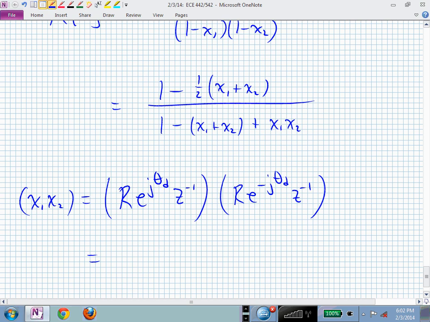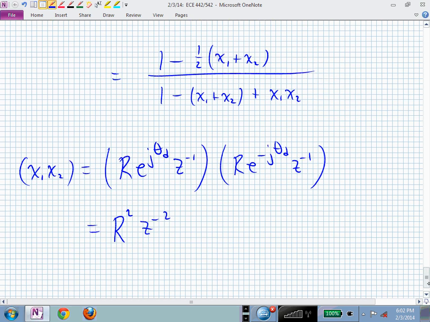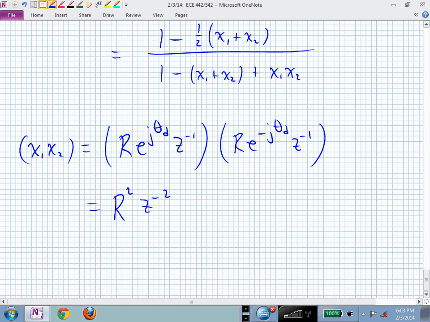I'll do the easy part. R squared, right? Then these complex exponentials combined give an exponent of theta d minus theta d, or 0. So that's e to the 0, that's 1. And we have z to the minus 2. Even all that ugly combination of x1 and x2, when we combine them, we just get r squared z to the minus 2. And that's looking more like what we might see in a book for the Z-transform tables.